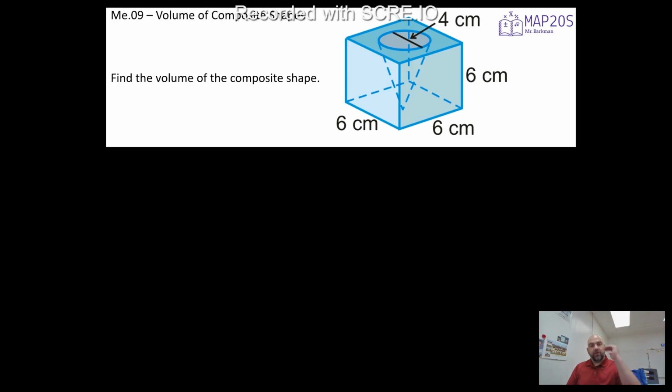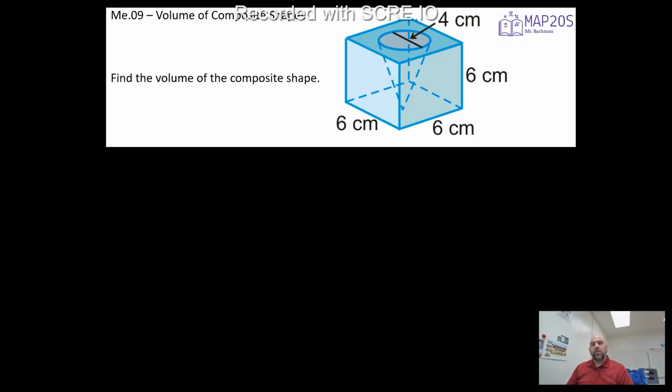It starts on the top of the cube and goes all the way to the bottom of the cube. We have to assume that because of the drawing that's given, unless something is specifically said. So maybe the cone has a height of 5 is given in your question. In this case, it's not. So we are going to assume, and rightfully so, that the height of the cone is 6.